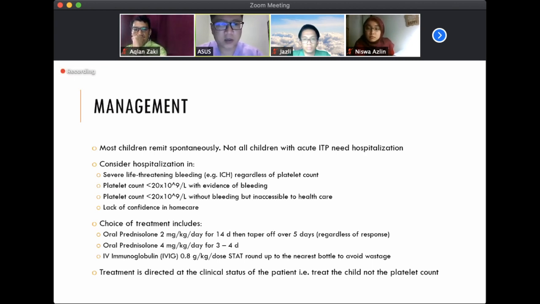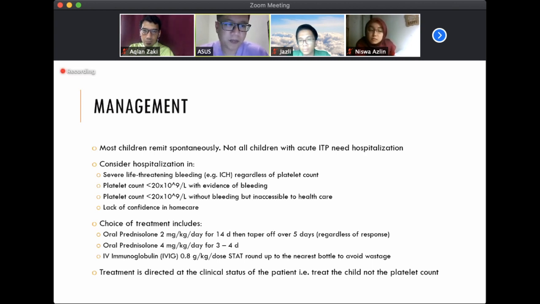Okay, and the children can resolve, but some of them will develop into chronic ITP. Okay, and of course, yes, true, not all children with acute ITP will need admission, but if platelet count is less than 50, then I think you should give the benefit of doubt and admit them and monitor them, unless they live very near the hospital.